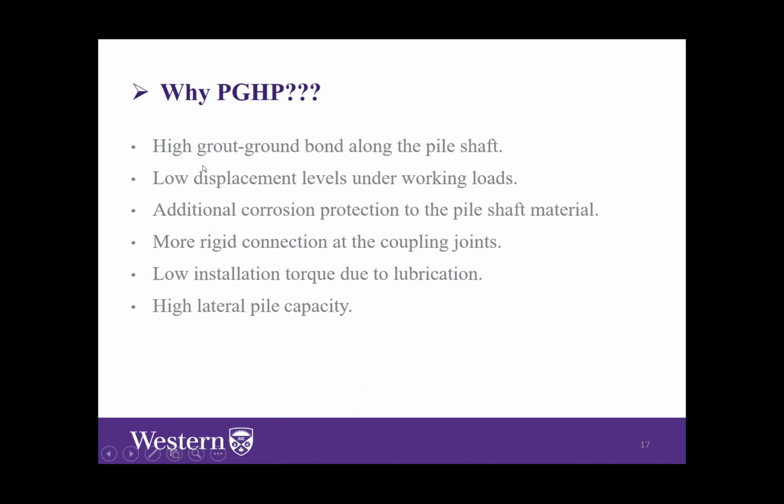It has a high grout ground bond along the pile shaft, similar to the micropile. It has a low displacement level under working loads, because now we have a huge shaft resistance, and this shaft resistance is fully mobilized at a very low displacement level, as low as 0.5 to 1% of the shaft diameter.